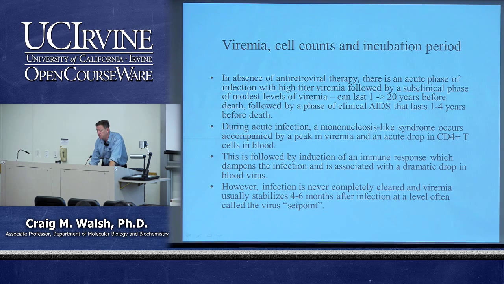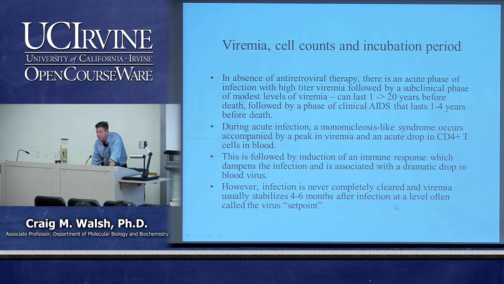And I should point out as well that once you've cleared the viremia, the virus levels drop and this starts to stabilize. You can use a test called an ELISA test or a PCR test to check for levels of virus present in the body. At some point, it starts to stabilize after that initial infection.